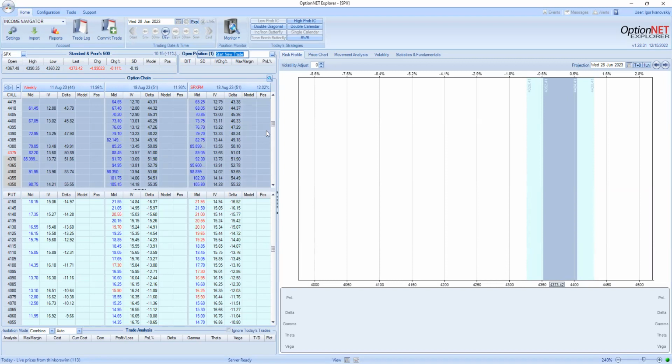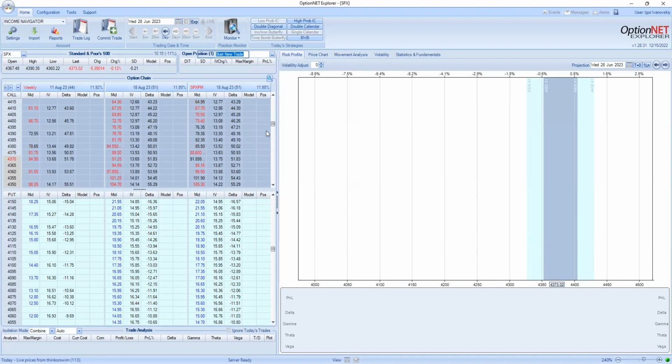When it comes to days until expiration, for me, at least, I don't like to trade 21 DTEs as much as I would like to trade somewhere around 45 to maybe 60 days. And that's my personal preference. You could be different. That's what works better for me.